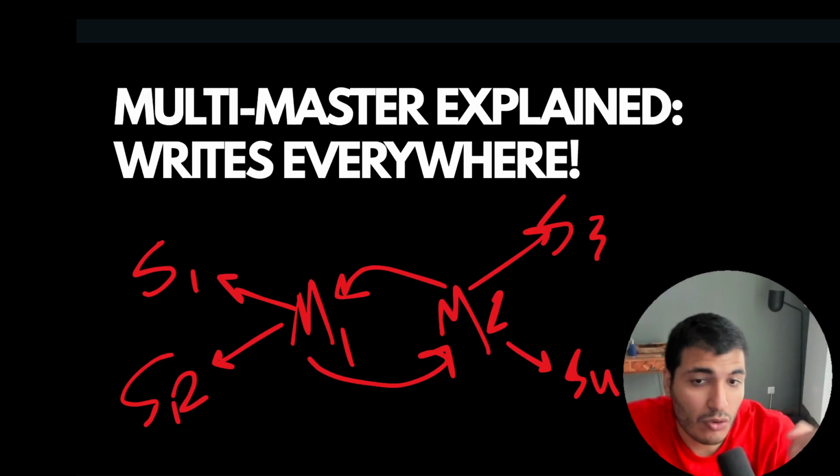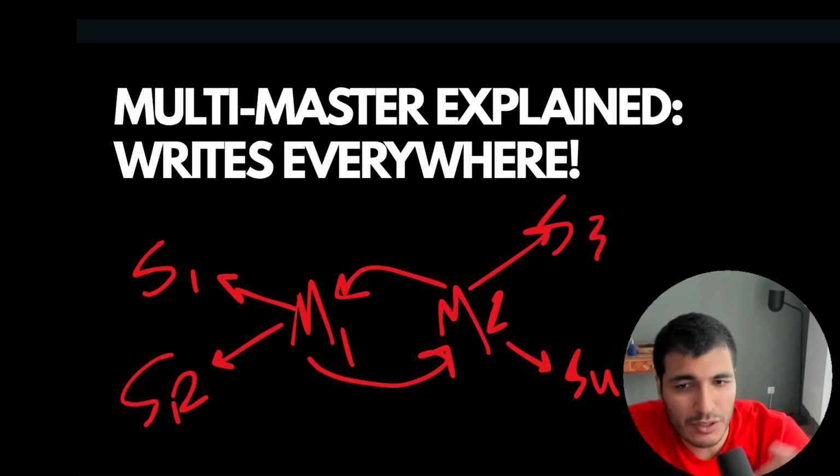You are no longer bottlenecked by the capacity of a single machine or the network latency to one center point. Instead, your write workload is distributed across multiple active nodes in your database cluster.